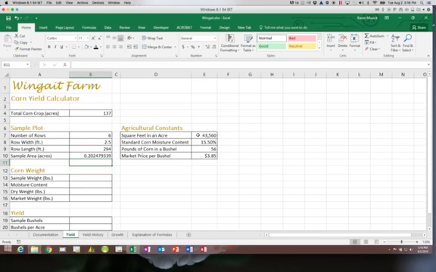Now what we want to do here is we want to do some number formatting. So we're going to go up to the decrease decimals, and we're going to decrease the number of decimals until there are only 2. So that just rounds our number off a little bit to make it easier to interpret.